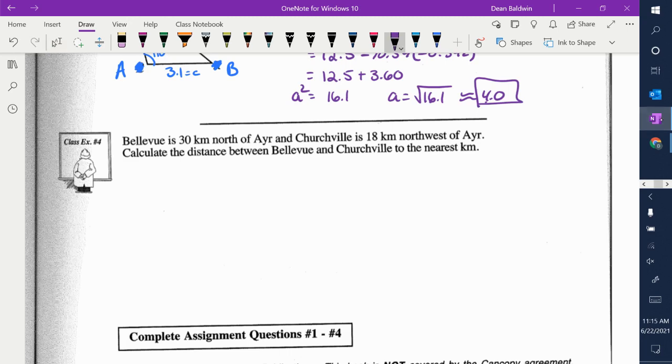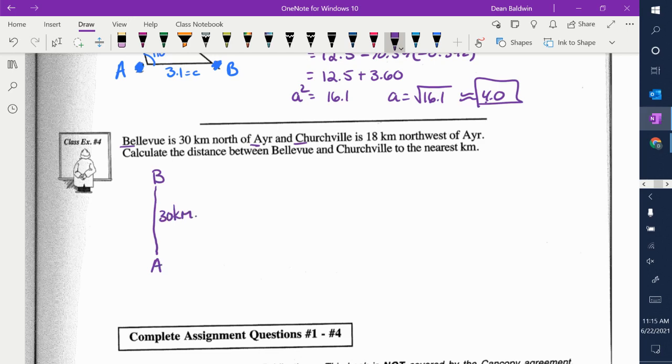We're just going to use the letters A, B, and C. So, B is 30 kilometers north of A. There's A. This is 30.